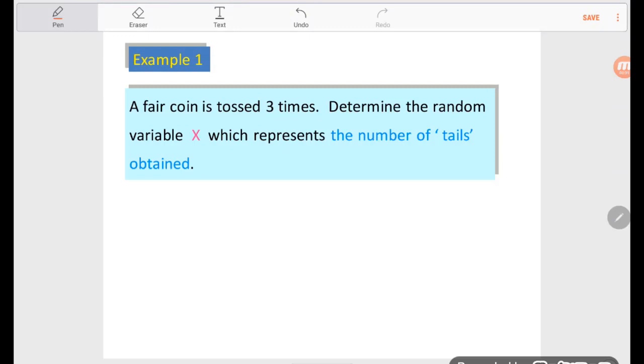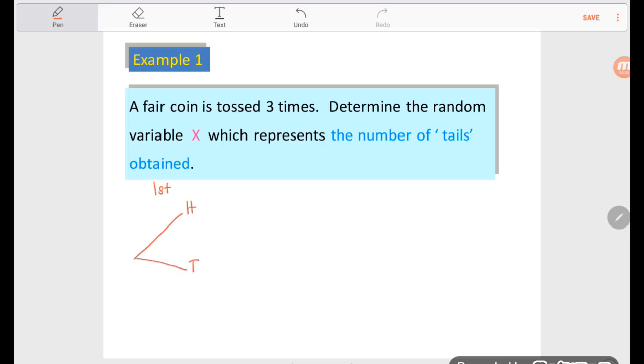Example 1. A fair coin is tossed 3 times. Determine the random variable X, which represents the number of tails obtained. If we want to toss the coin 3 times, we have to consider the possible outcomes. For the first toss, we have 2 possibilities, either heads or tails.